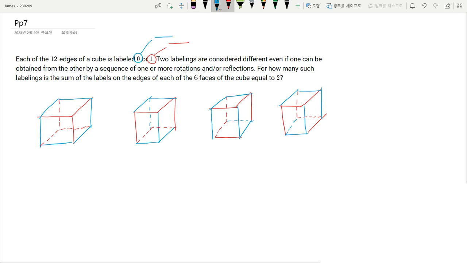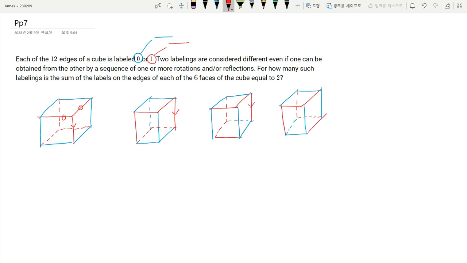I'm fixing these two. Let's say these two are adjacent, and there is one case for this line, and for the right face, I mean the third red line may be here, and there are two cases.